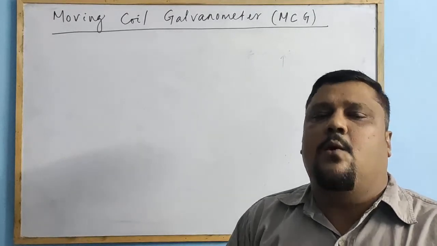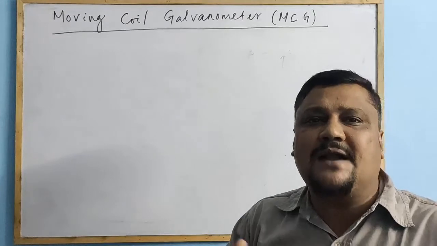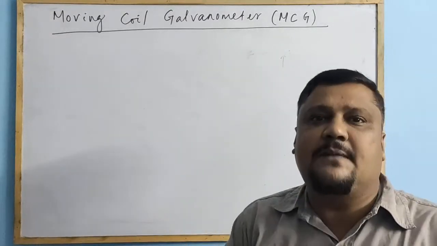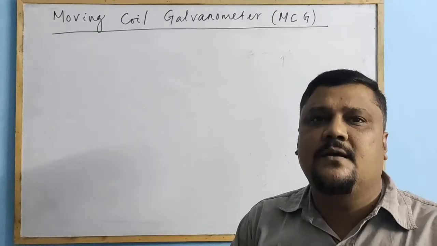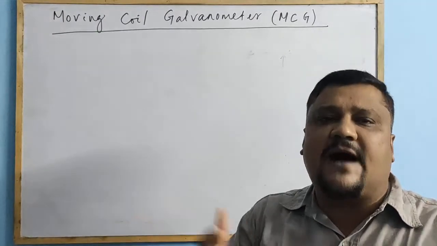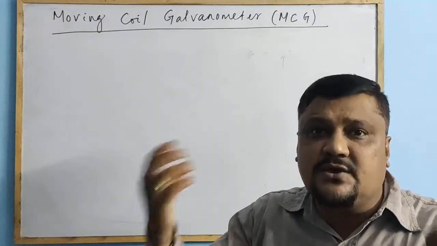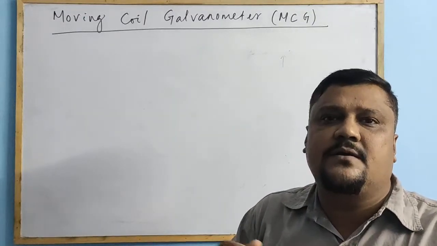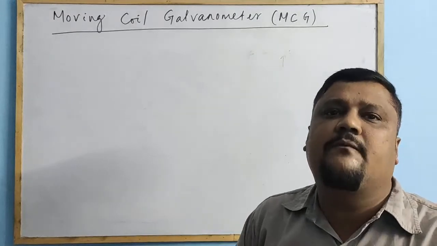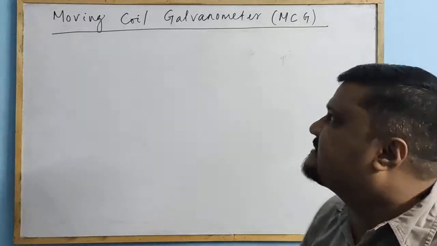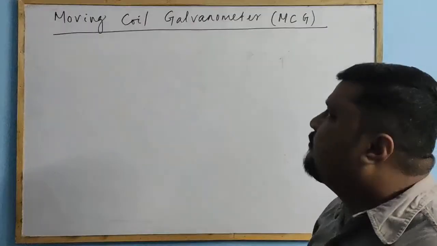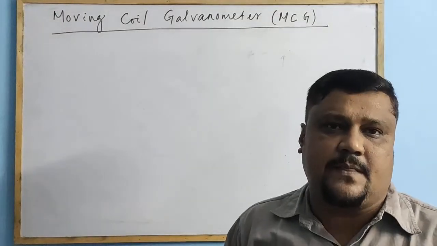Next, what is its principle, on what principle it is based. Next, the construction of the moving coil galvanometer. Then the theory, and on what formula its use is based. I will discuss one by one. First is the MCG, moving coil galvanometer.